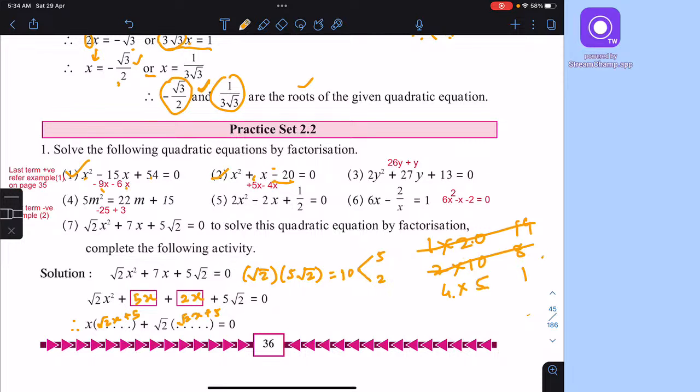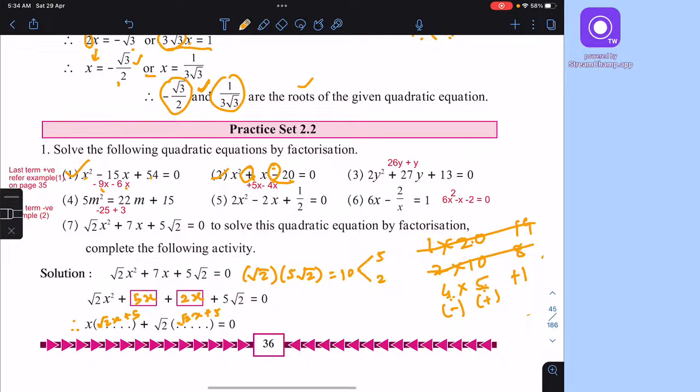So this is useful. Now when the last term is negative, one of them should be positive, one of them should be negative. So here we want positive x, that is you want plus 1. So if 5 is given plus sign and 4 is given minus sign, then plus 5 and minus 4.